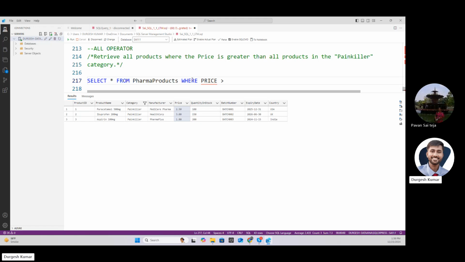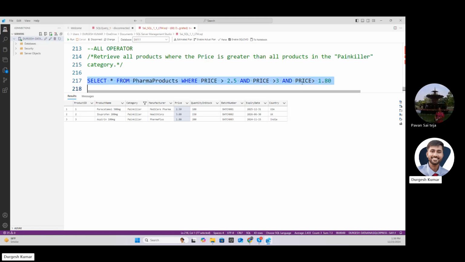Where price greater than 2.5 and price greater than 3 and price greater than 1.8, like this. Correct, the syntax is just this: write price greater than this and price greater than this.